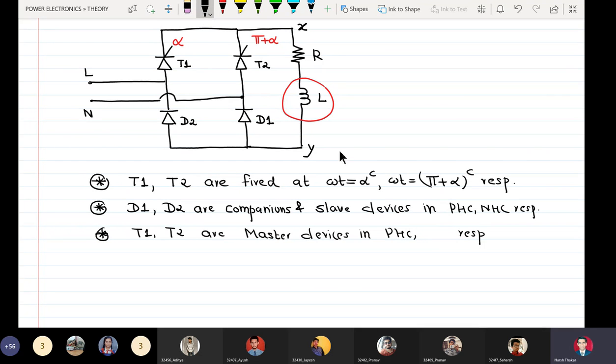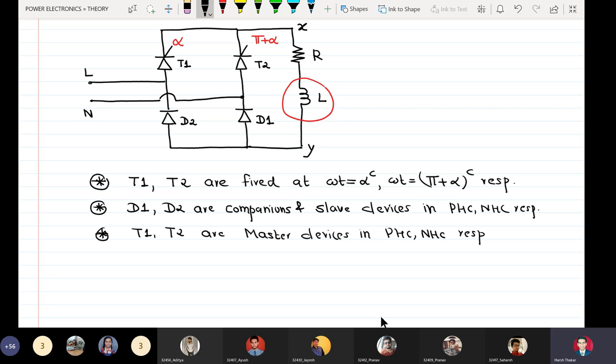I repeat that T1 and T2 are called as master devices in PHC and NHC because in positive half cycle till T1 is not fired, the conduction does not start of the pair, and in negative half cycle till T2 is not fired at pi plus alpha radians, the conduction of the pair does not start.